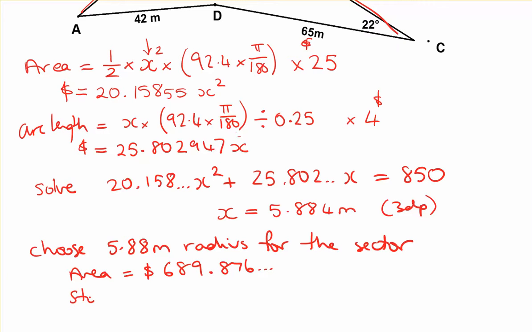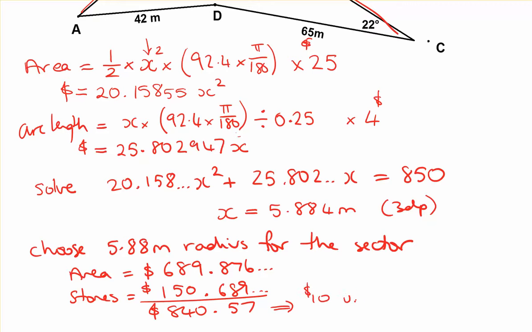And when I work out the stones, putting 5.88 into that formula there, working out how many stones I need, $4 each stone, I get a value of 150. And adding those together comes to a total cost of $840.57, which is about $10 under budget, which looks pretty good.